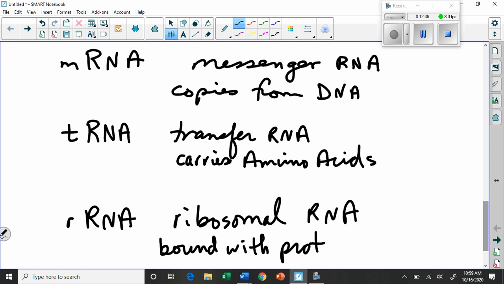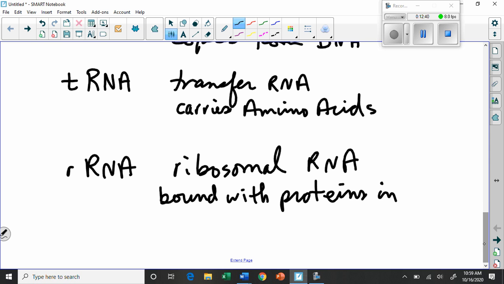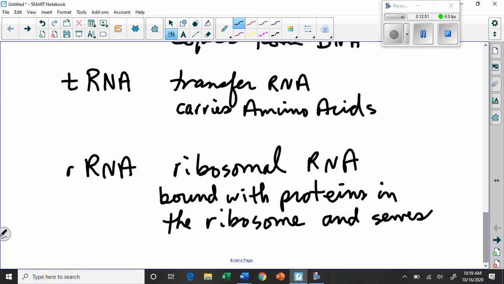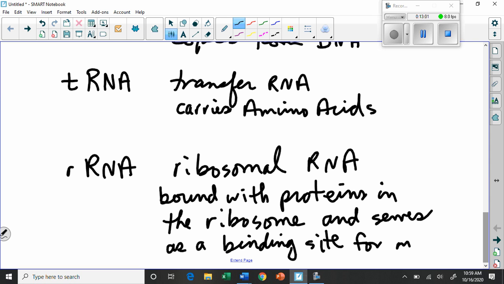It makes up the ribosome structure and serves as a binding site for the messenger RNA that's bringing the message.